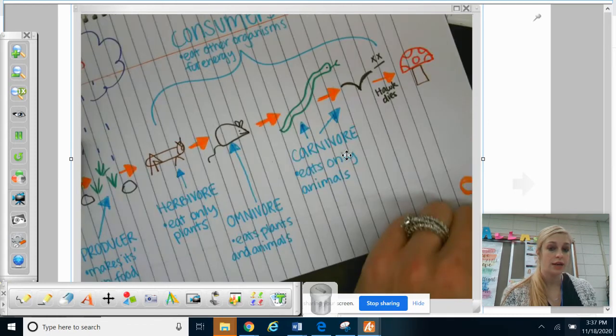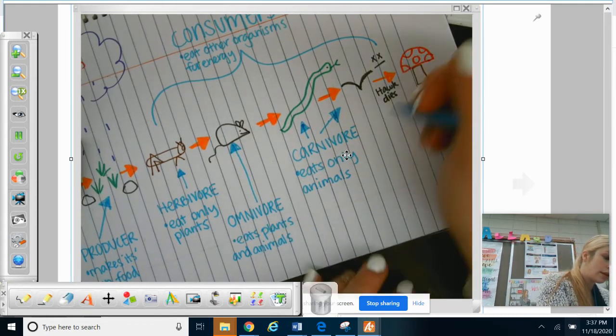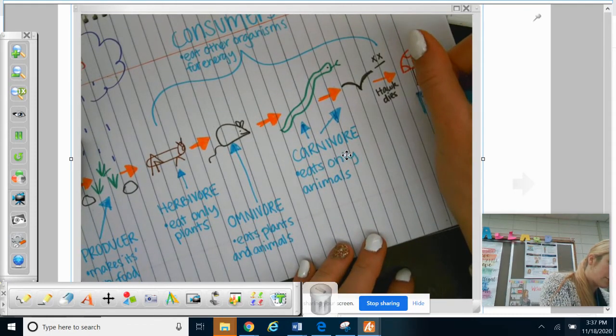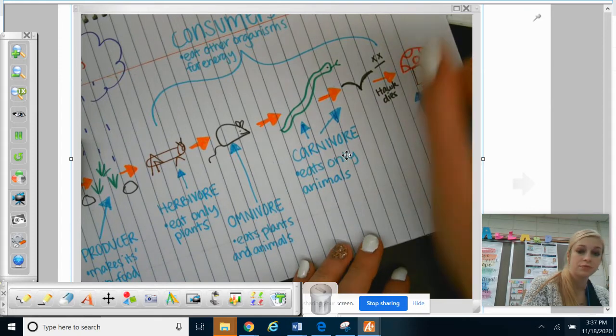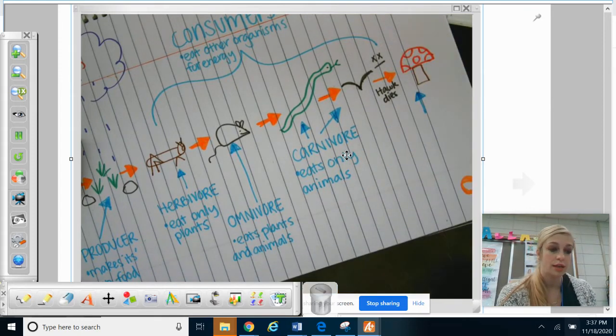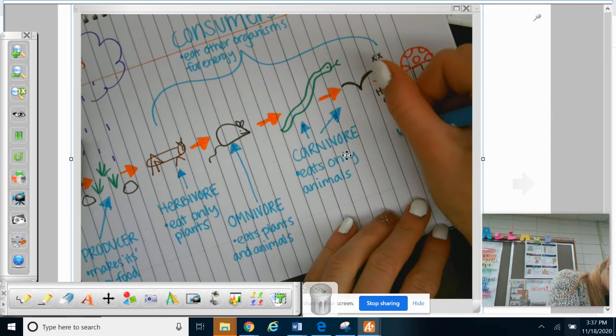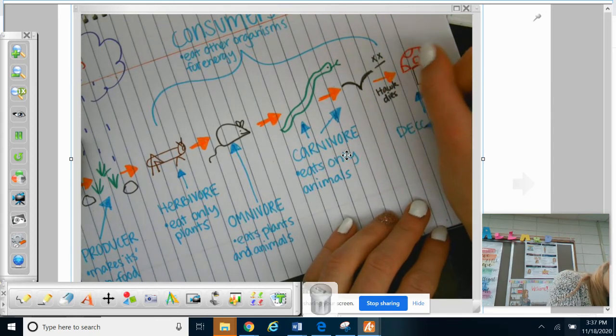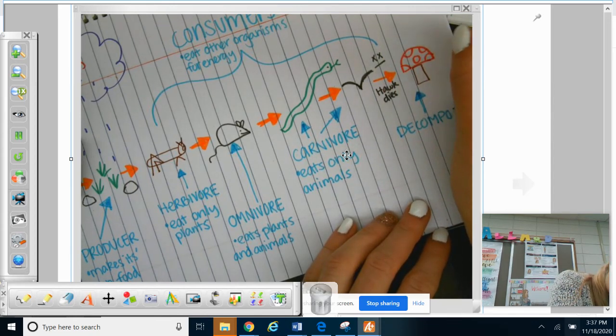And our very last one is our mushroom. And I already told y'all what this is called. This mushroom guy is called a decomposer.